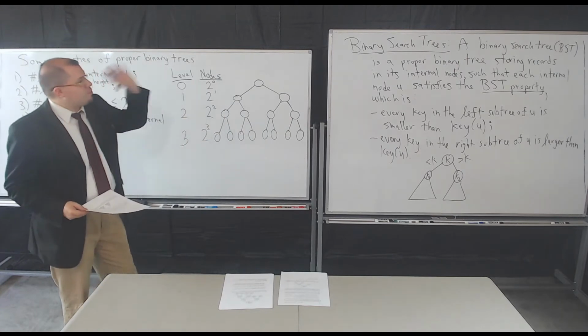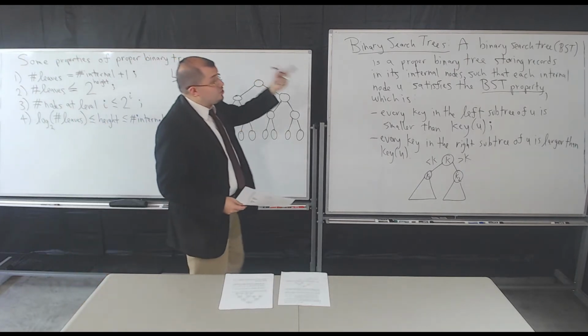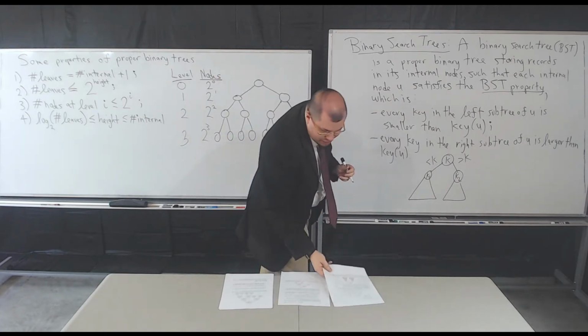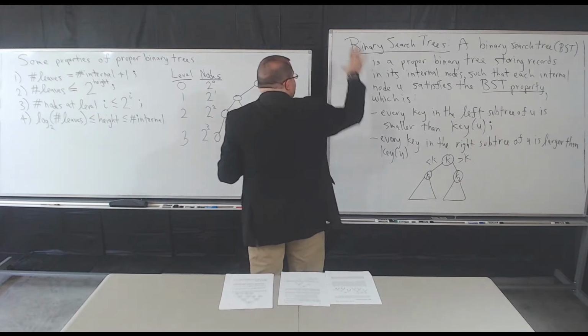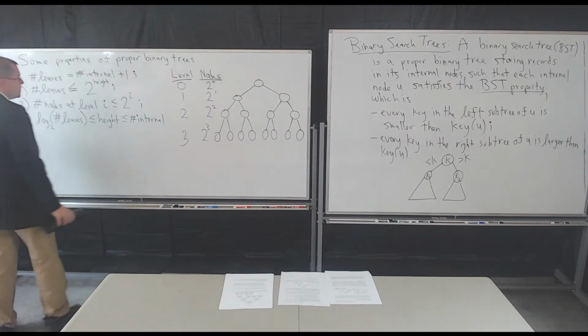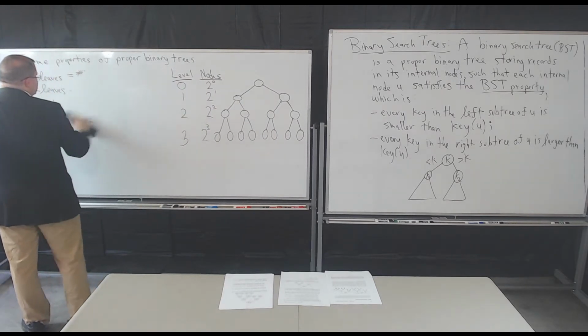So I give you some proper binary tree, and each one stores records at its internal nodes. That's a very important thing I need to point out in our definition. So this is what a binary search tree is, at least as far as we're concerned here. Let's talk a little bit about how you implement a binary search tree.